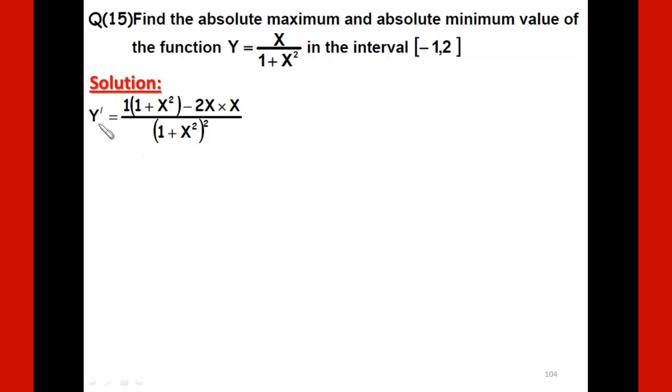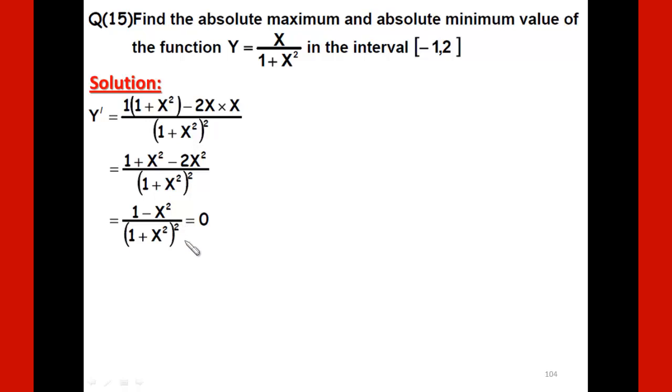And we simplify y dash to be 1 multiply 1 equals 1, 1 multiply x square equals x square, minus 2x square. So the result will be 1 minus x square. X square minus 2x square equals negative x square over 1 plus x square all square.